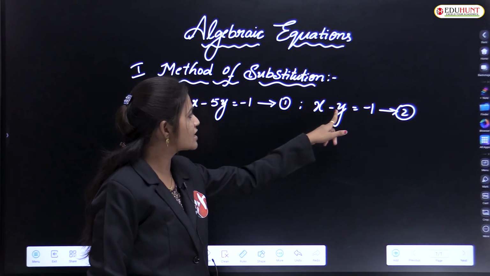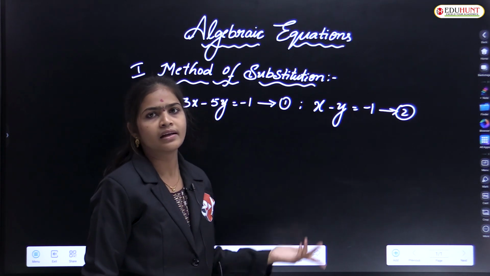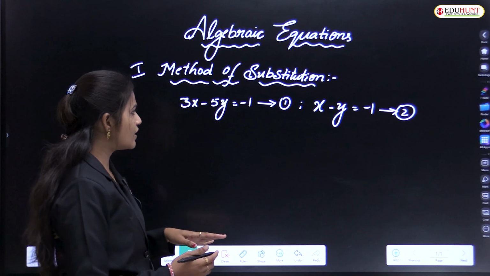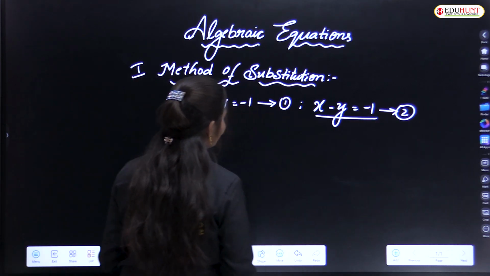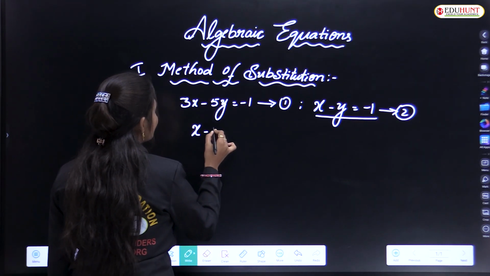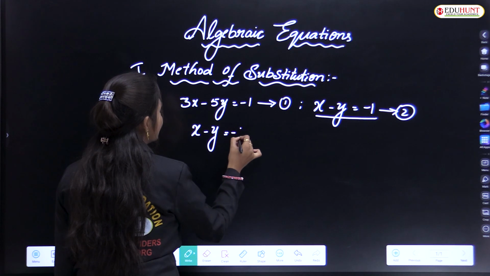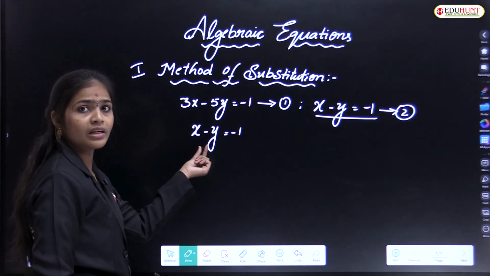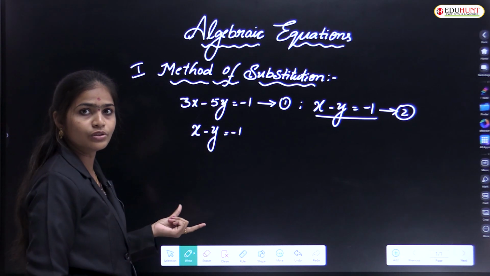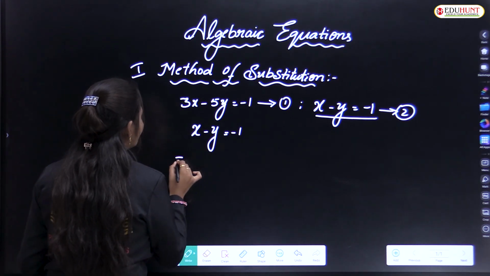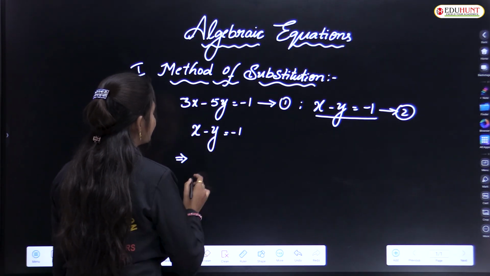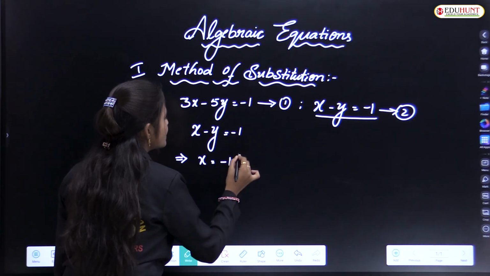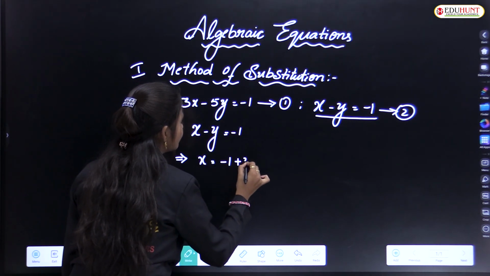For example, if it were 2x minus 3y equals minus 1, then you can choose any one of the equations. So first I am going to choose the second equation, that is x minus y equals minus 1. From this equation I want to know the value of one variable. So I just transpose the terms. x equals minus 1, minus y becomes plus y.